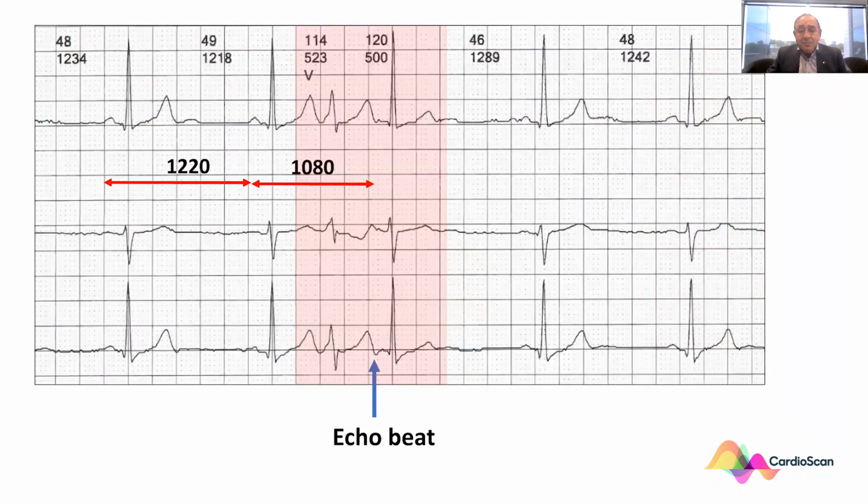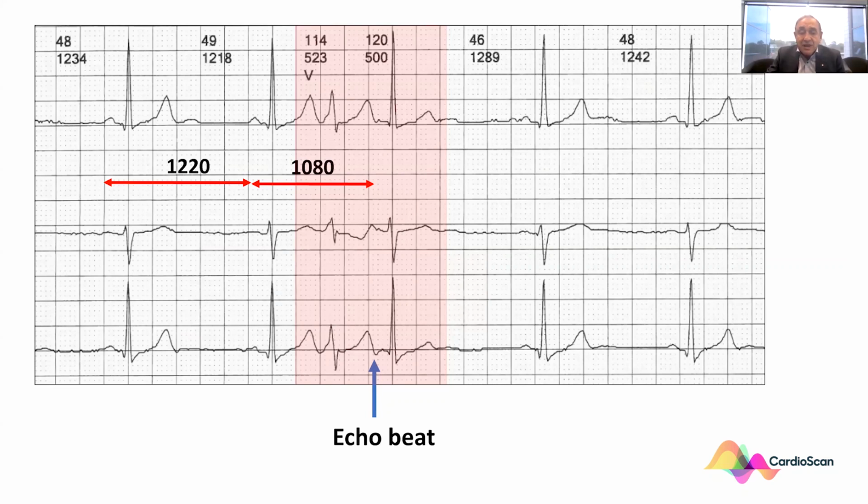Here is another one. And you can see now there is a difference in that the P to P interval with what appears to be an interpolated atrial ectopic with aberration is actually not interpolated because the P to P interval is shorter than the normal sinus cycle length.